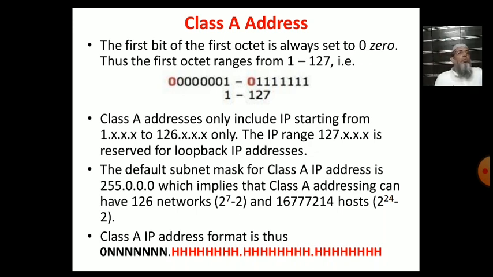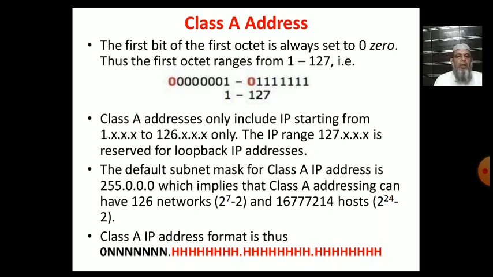We have 24 host bits and the network bits are 7. Because we are not using 0 and we are not using 127, that's why there are 126 network addresses.